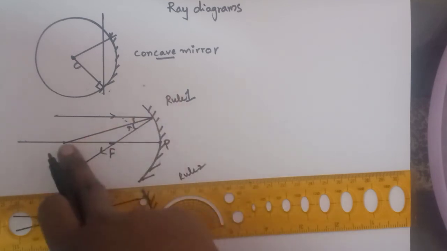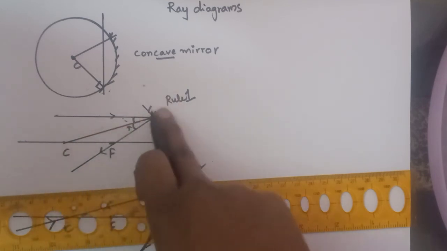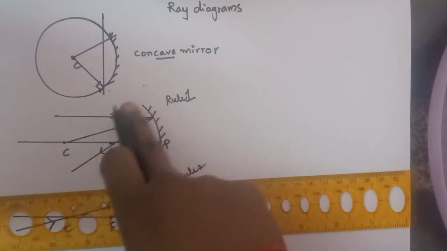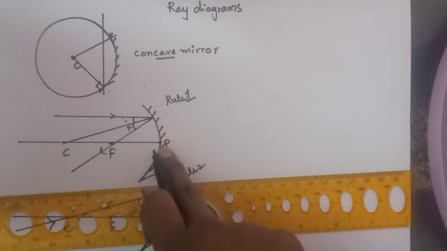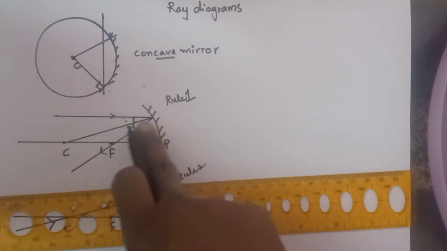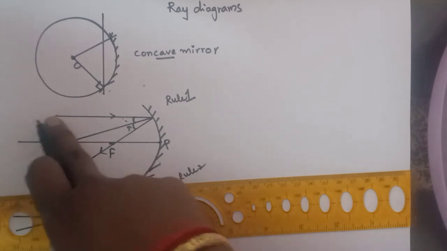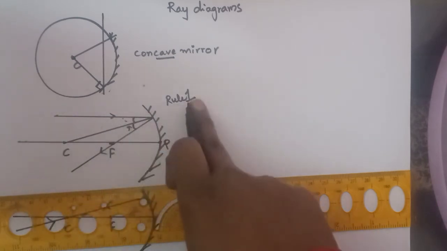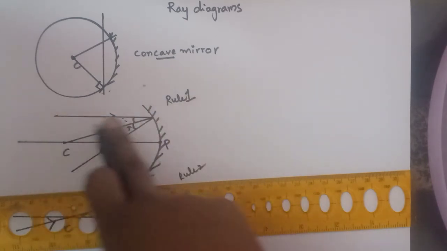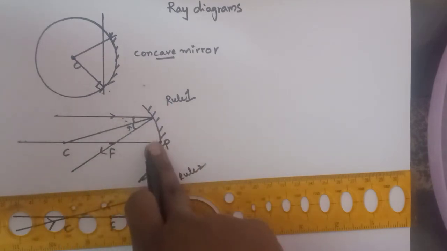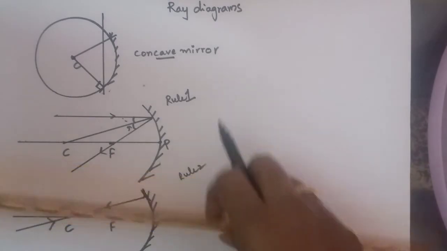The center of curvature is exactly perpendicular to the mirror, making 90 degrees with it. So that is the reason it is getting reflected back. But in the other cases, it is not the same. Whatever rays come, they will reflect back at the same angle. Okay, this we need to remember.